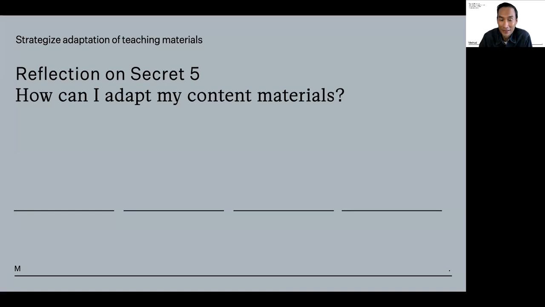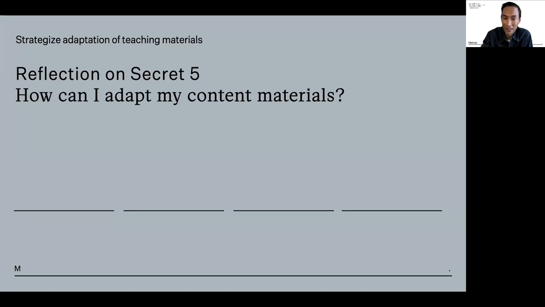So the last thing before your overall impressions: how can you adapt your content materials? You have content materials already created at one point in your life in teaching. So how are you going to adapt that?